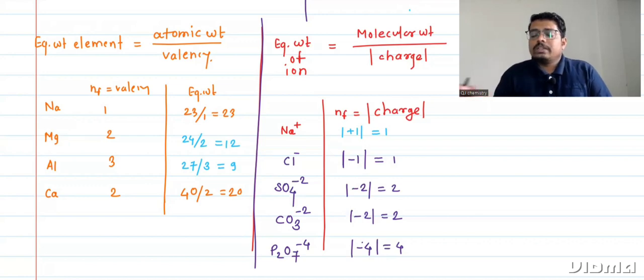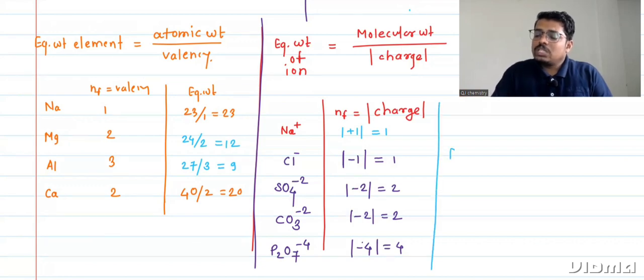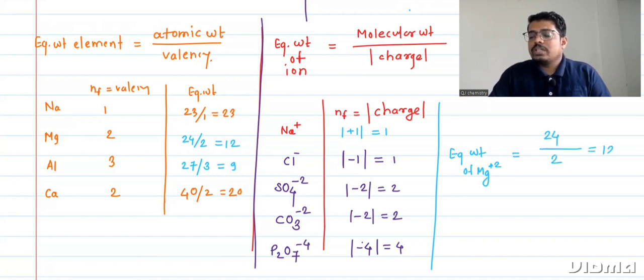So how to calculate equivalent weight here? For example, the equivalent weight of magnesium 2 plus ion. Its atomic weight is 24 and the charge is 2, so its equivalent weight is equal to 12. Next example is equivalent weight calculation in case of sulfate ion.